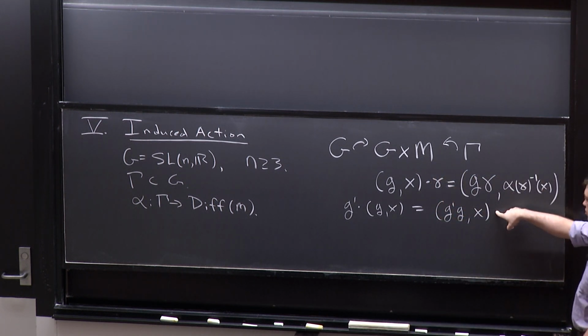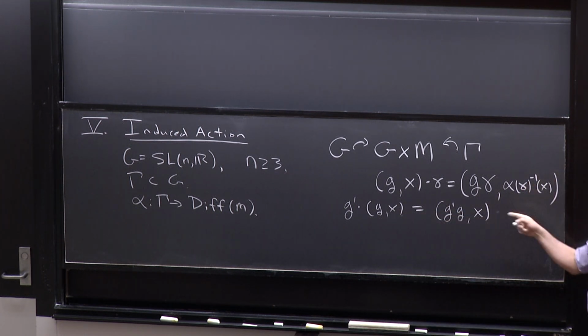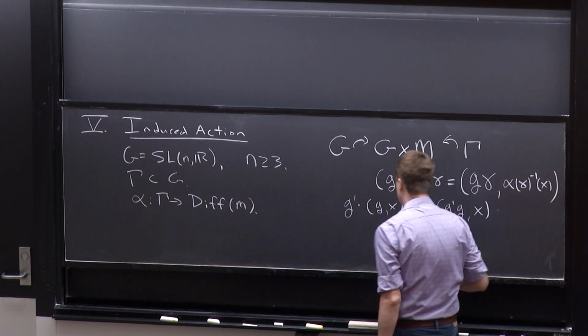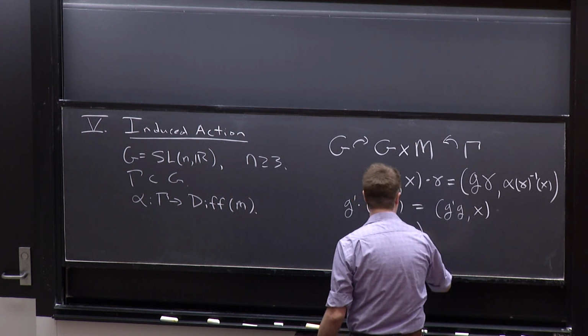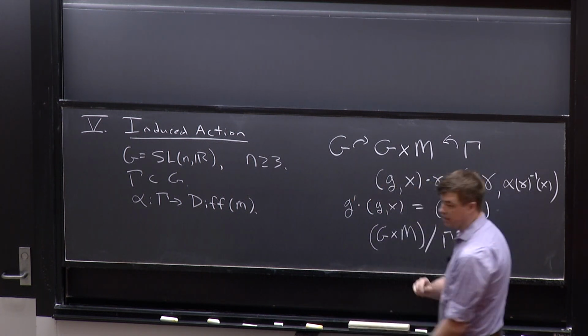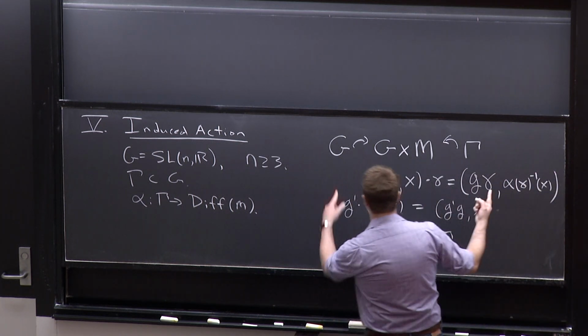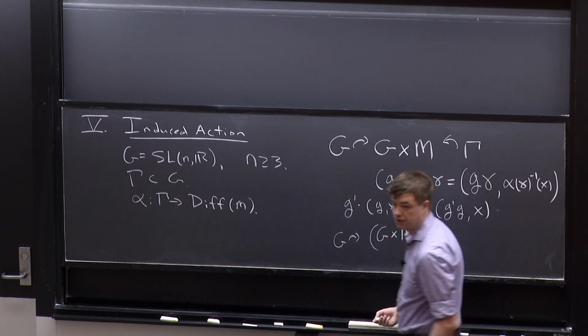So this G action looks like it does nothing in the second coordinate, but then we're about to quotient by the right gamma action, and so then, of course, the two things get intertwined. So you can take G times M, and you can quotient by this right gamma action. And then you can check that these two actions commute, and so then there's an induced G action on this object.